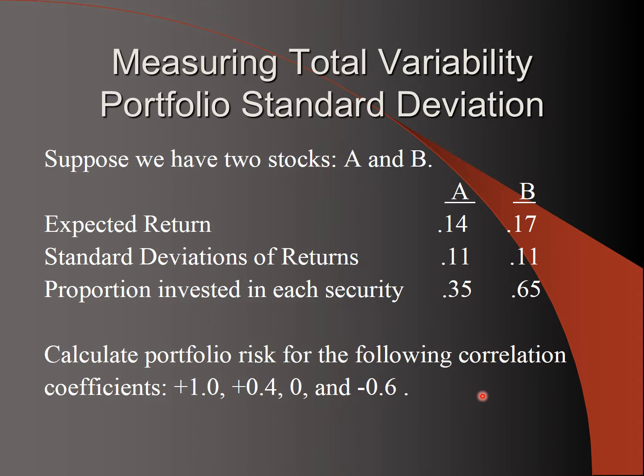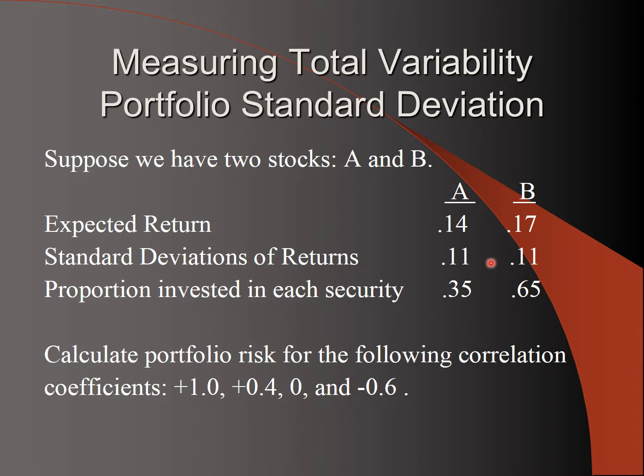So now let's go ahead and try measuring the portfolio standard deviation. We have two stocks, stock A and B, and here's the information given on those two stocks. We've got an expected rate of return for stock A of 14% and 17% for stock B. Both stocks A and B each have a standard deviation of 11%.